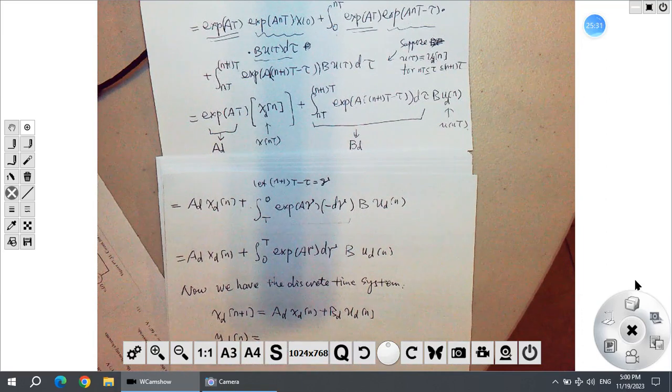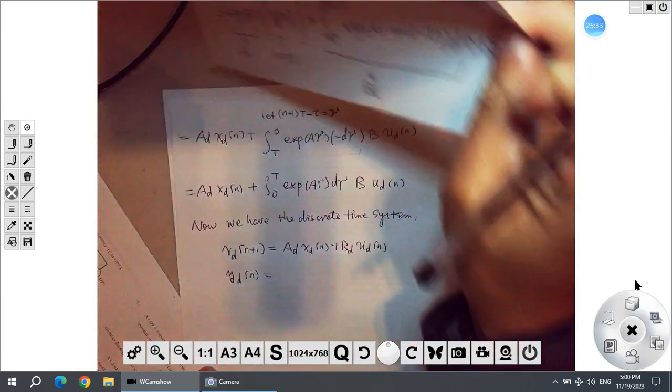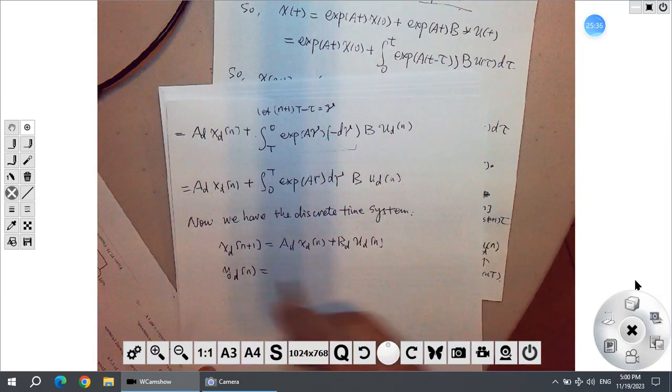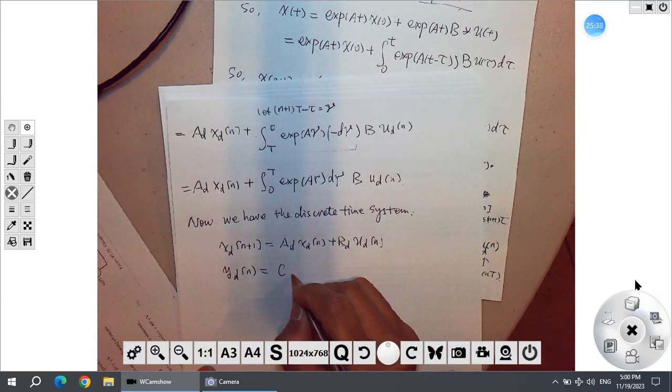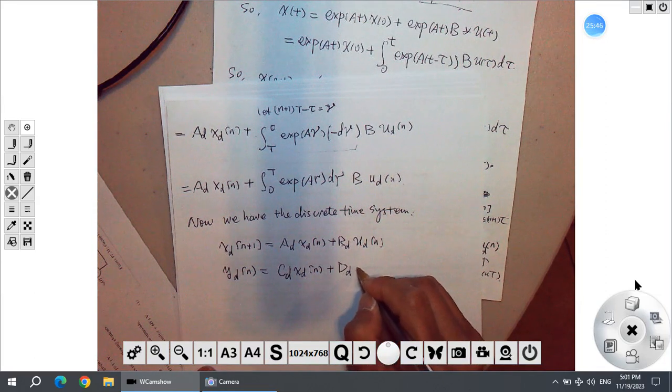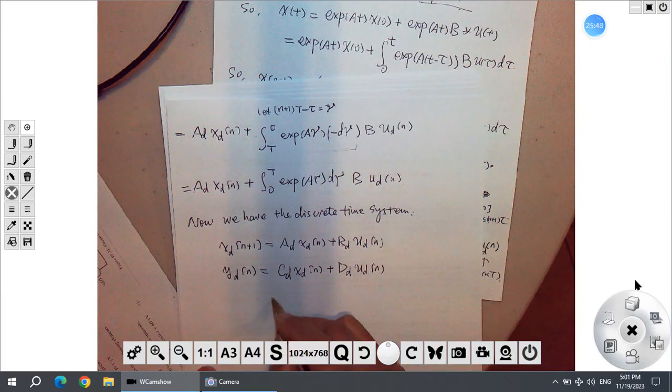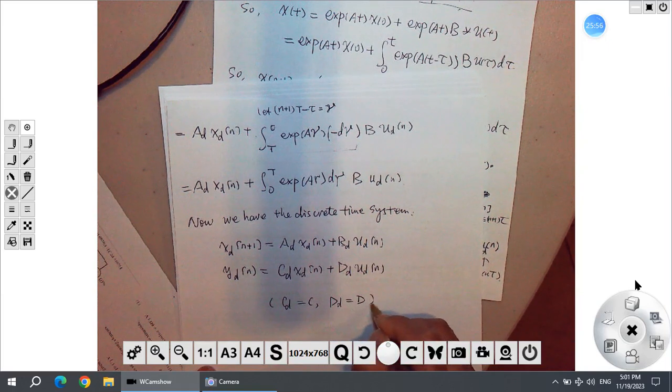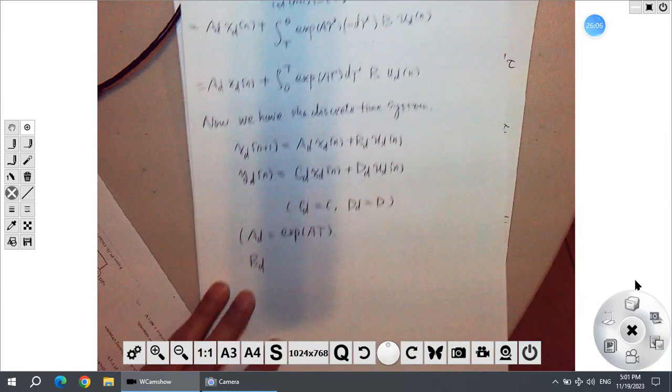Actually, here nothing for y. We do not need any change. I just keep it, right. This is a c. Okay, I still write c_d of x_d, but this c_d is just c, and d_d times u_d of n, where c_d equal to c, d_d equal to d, and a_d equal to exponential power of a times t.